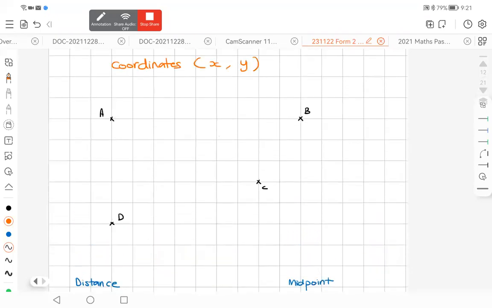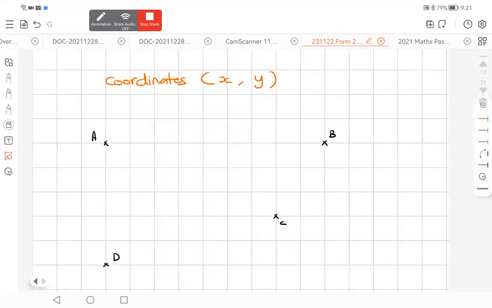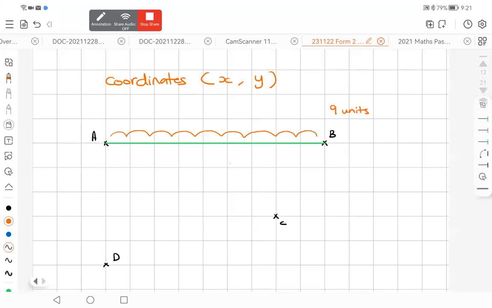If you want to find the distance of AB, we join the straight line A to B. It's a horizontal line, and point A and point B are on the same height. So we need not use the formula. You can just count 1, 2, 3, 4, 5, 6, 7, 8, and 9. So the distance is 9 units.